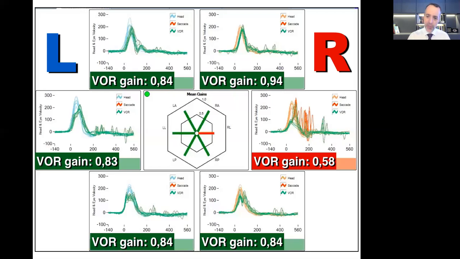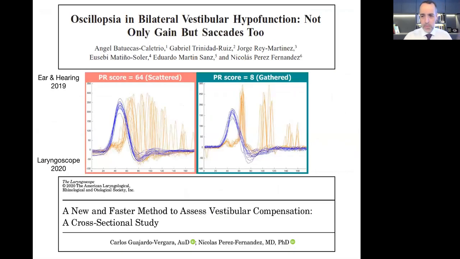But when I see the video head impulse test, the VOR gain in the right lateral canal is still pretty bad. I mean, the gain, but the behavior of the saccades was different. And that's a paper I wanted to highlight, from Professor Nicolas Perez, Angel Gatuecas and Jorge Ray Martinez.